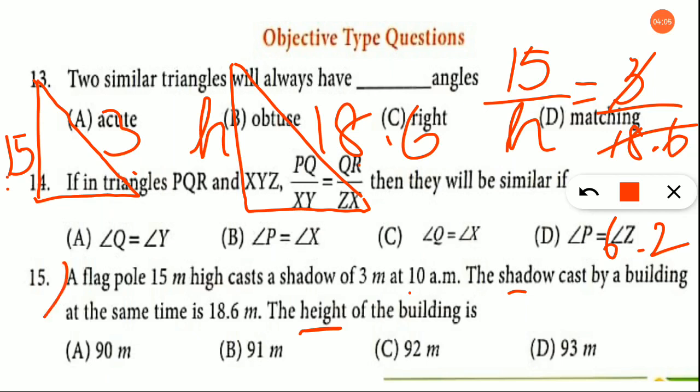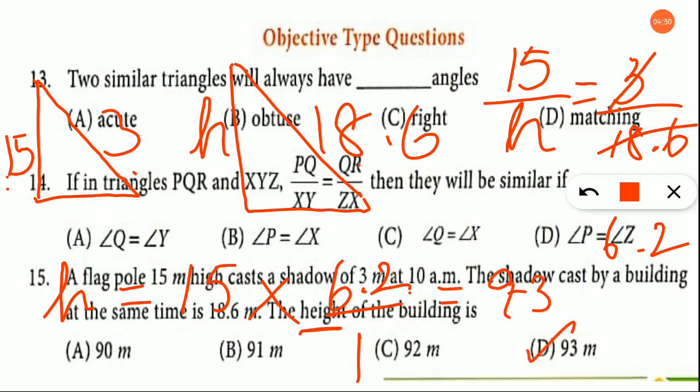Next you are going to find the value of H. You are going to take this H to the other side and then 1 by 6.2 will come to the other side. 15 into 1 by 6.2, when it moves to the other side, will become 6.2 divided by 1. Then 15 into 6.2 will give us 93 meters. So this is the answer.